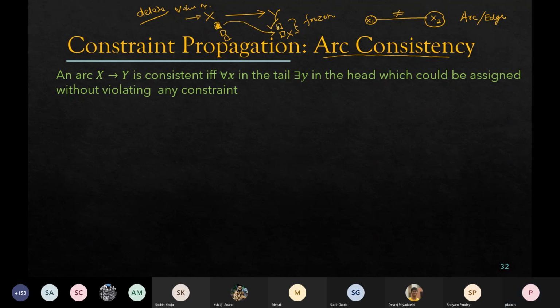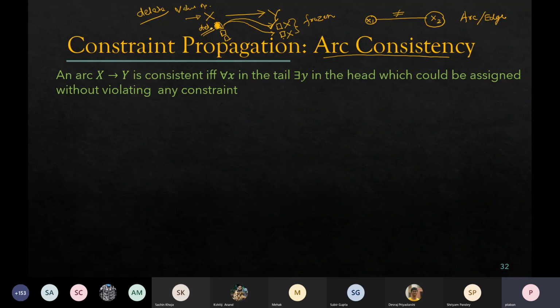If that is so, then I'll say this value is consistent, and I'll not be removing it. But if it so happens that for both of these y values, I do not have a consistent assignment for this particular value, then we say we have to delete this, because it does not go with this or this. So I have to delete this.